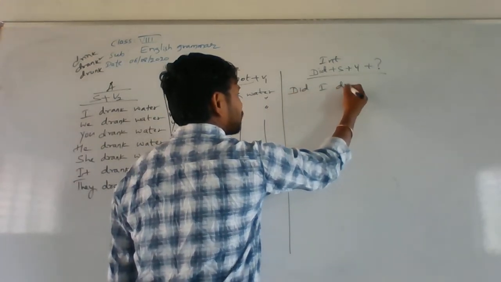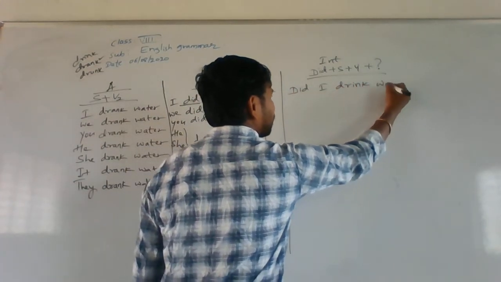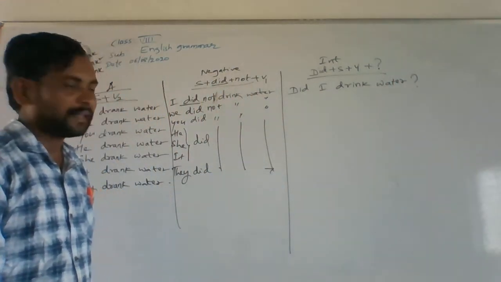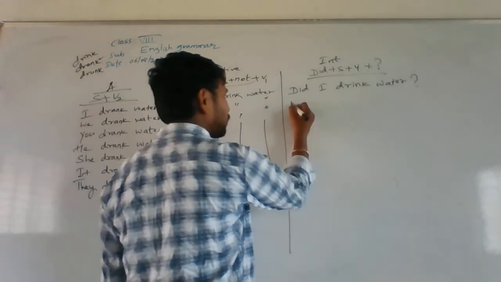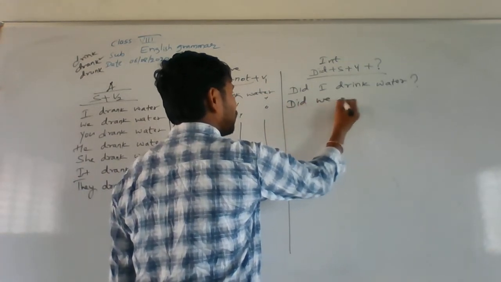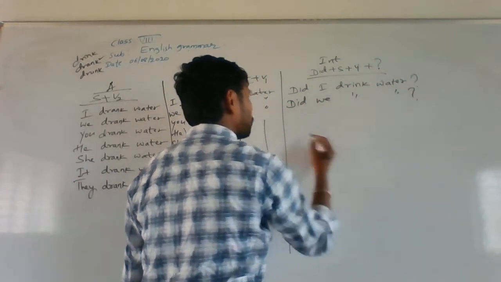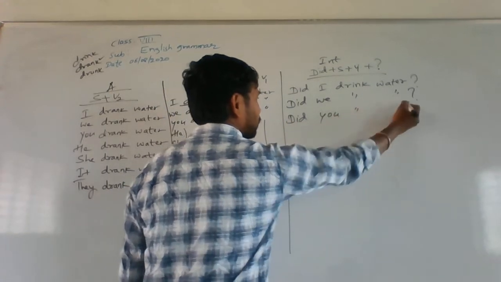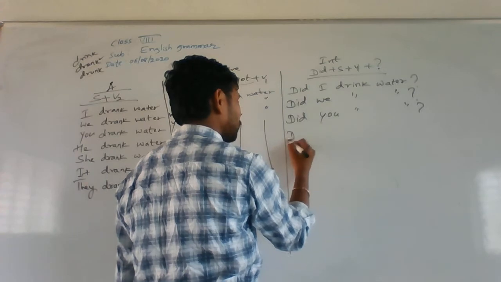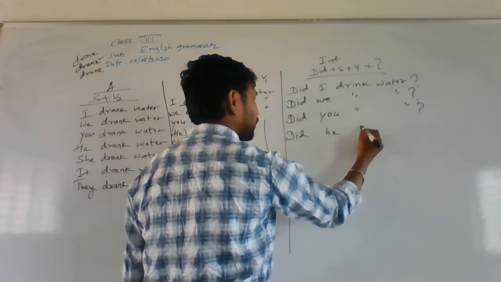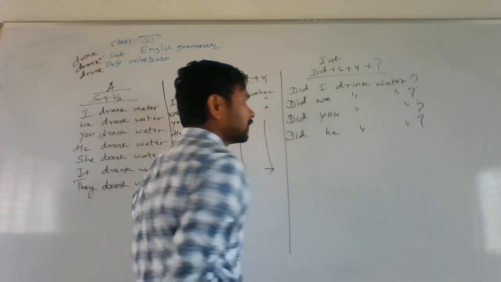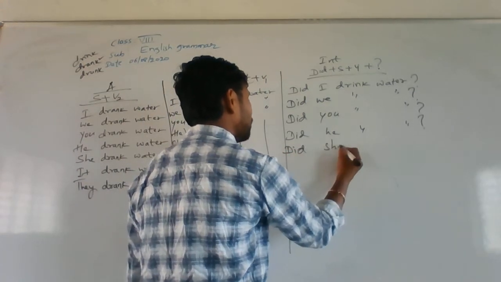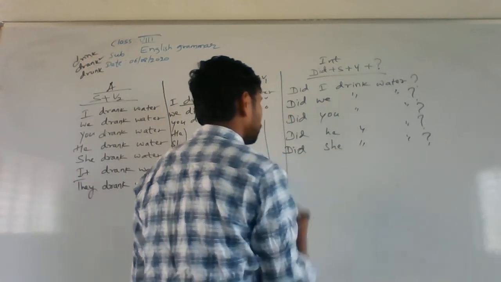Did I drink water? Are you writing that? Did I drink water? Then did we drink water? Then did you drink water? Did he drink water? Okay, do you understand? Did she drink water?